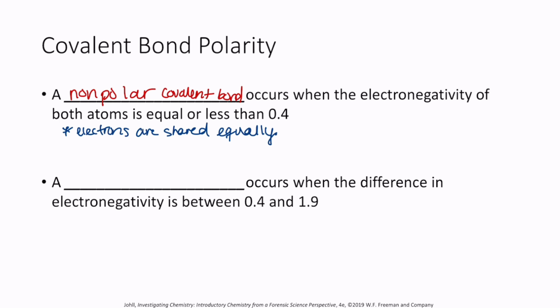If you get a difference more than 0.4, then we are going to have a polar covalent bond. And this happens when electrons are not shared equally.